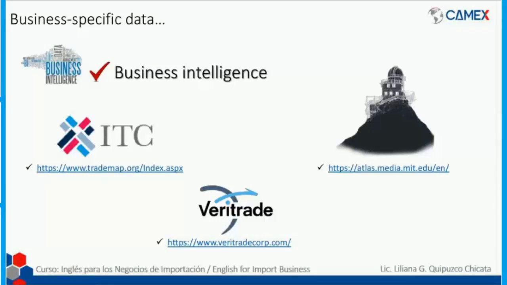Maybe to see how the country that we are going to buy from or sell to is doing, and also if we are using international trade terms, like tariff, arancel, aduanas. So we can use these tools to know how the market is doing internationally.